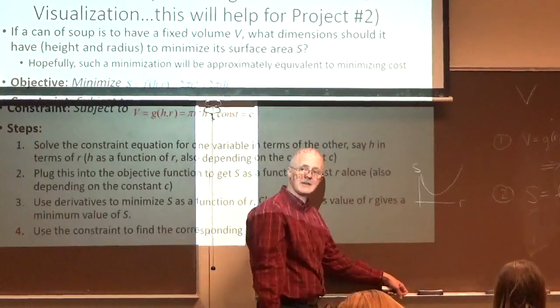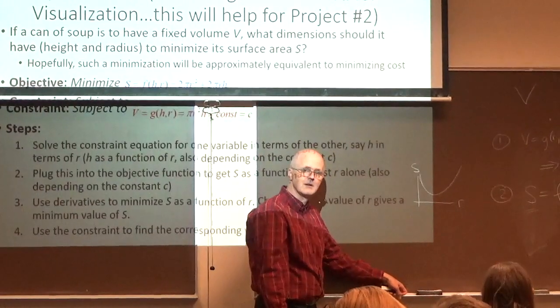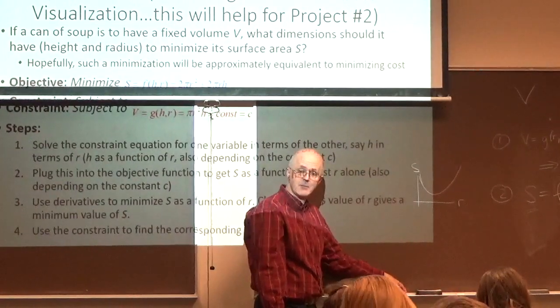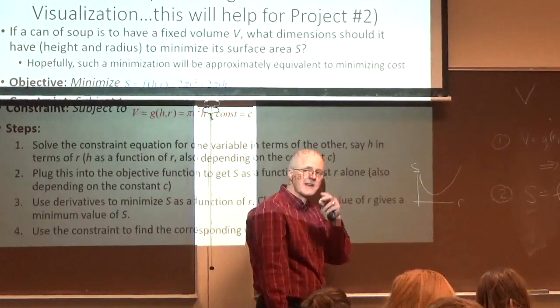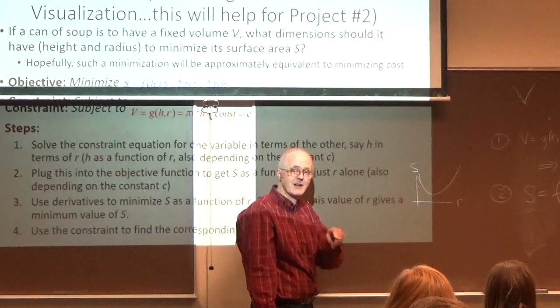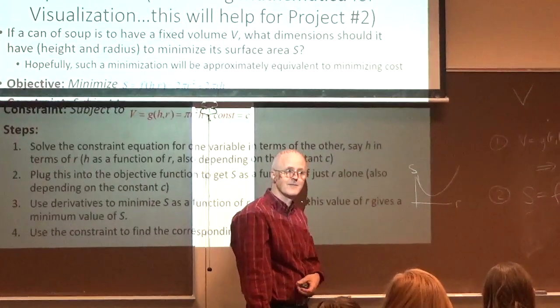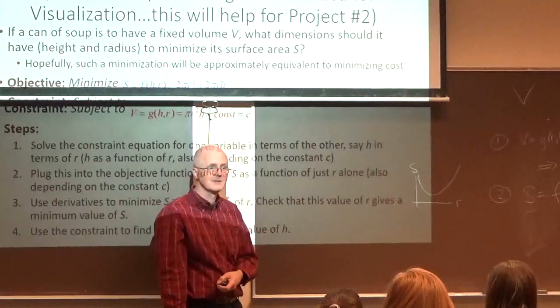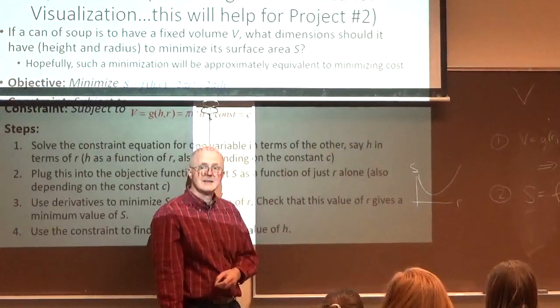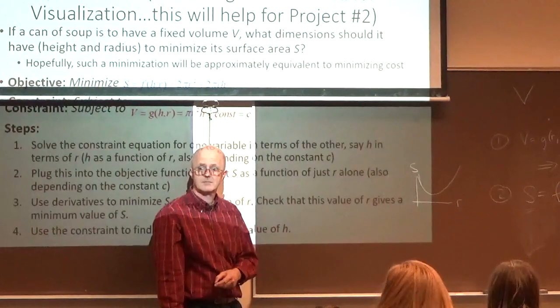Notice the graph is concave up, like a smile. To verify it's concave up, show the second derivative is what? How could I verify this is concave up? Yeah, the second derivative needs to be positive for that to be concave up.